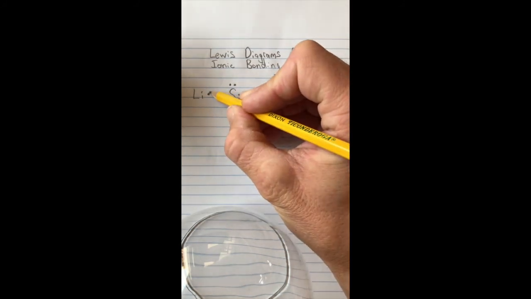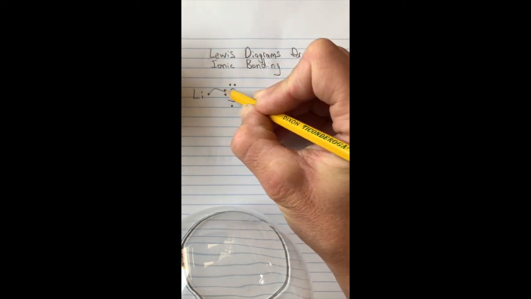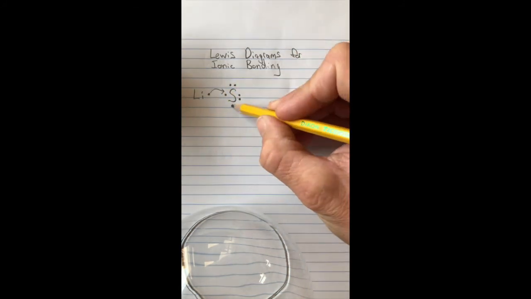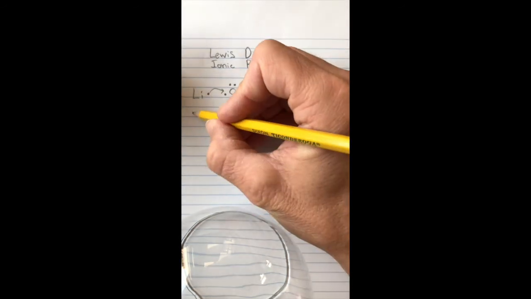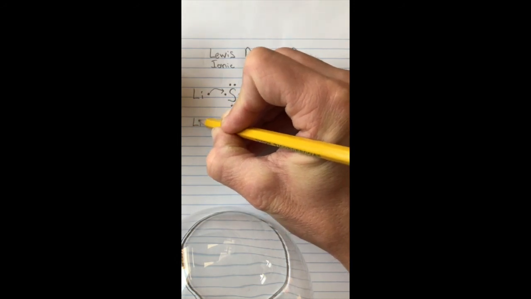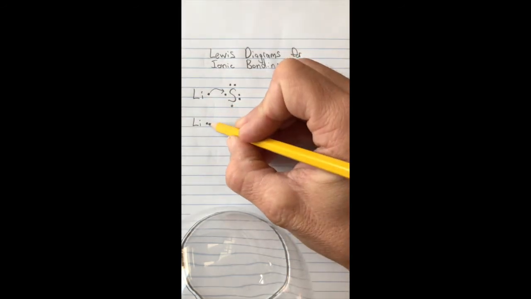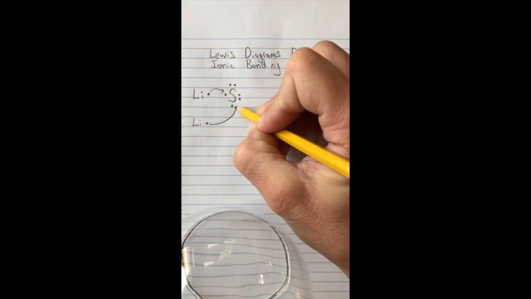Lithium has 1 electron that it can transfer. So in order to get the second electron onto the sulfur, we're going to need a second atom of lithium. So another lithium also has 1 valence electron, and that valence electron gets transferred to the sulfur.